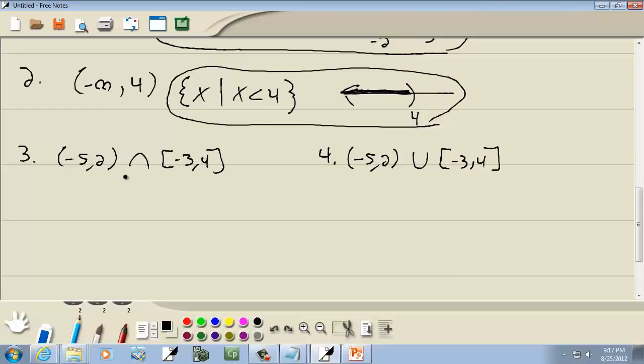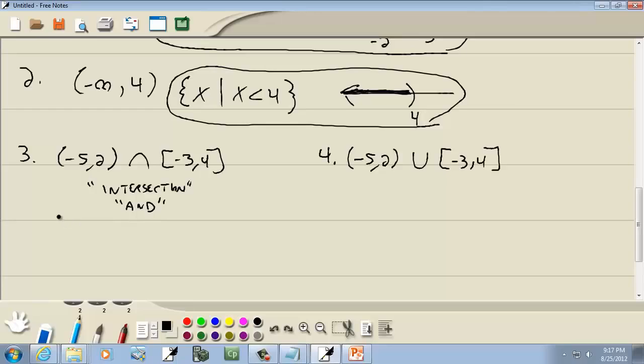Now this symbol right here is intersection. Not that I can spell. Well, that's bad. Let's try it again. Intersection. Now, graph-wise, intersection is the AND statement.